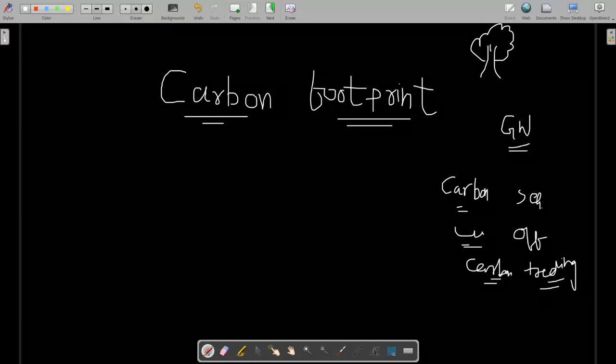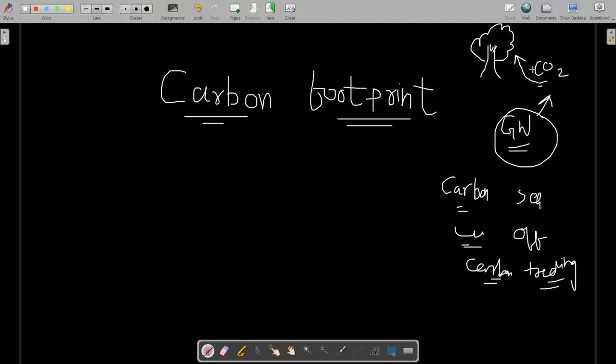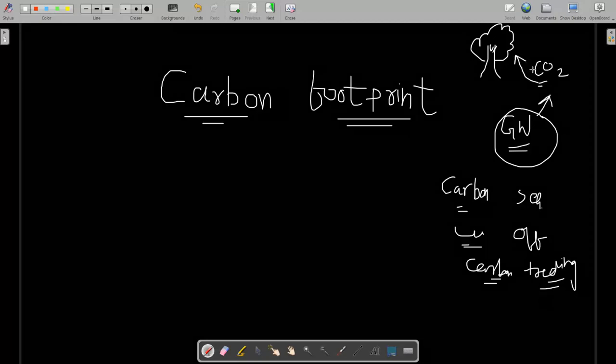More plants will reduce greenhouse gas emissions, and the major greenhouse gas is CO2. The tree will majorly absorb the CO2 and reduce the tendency.